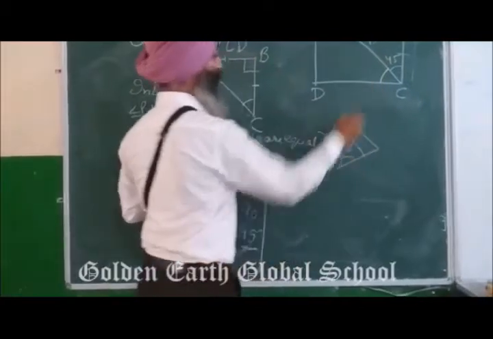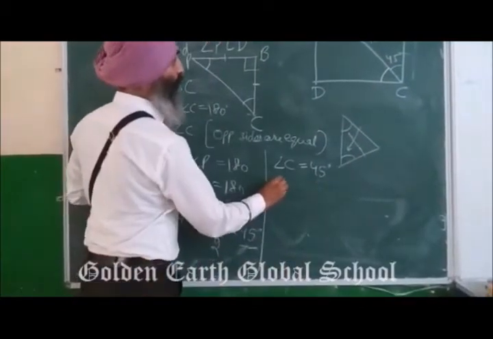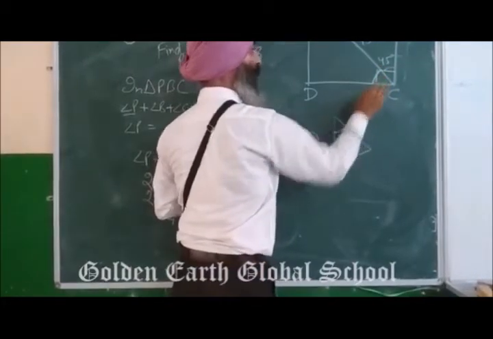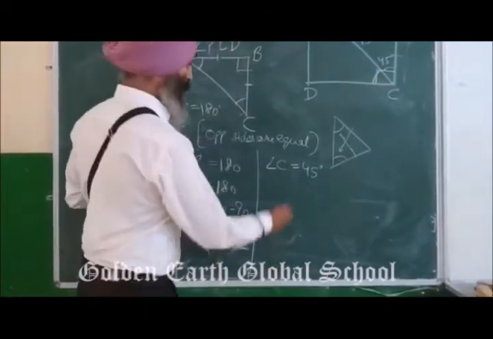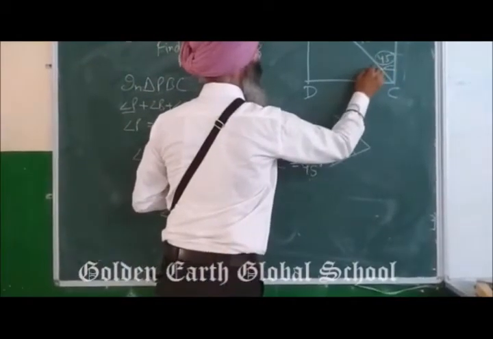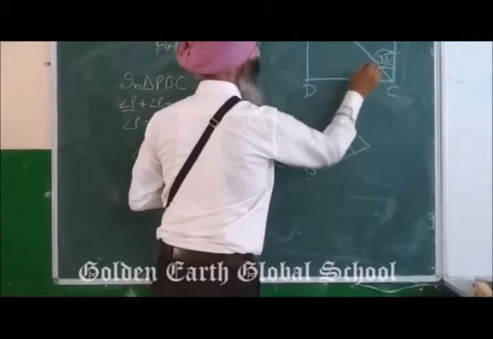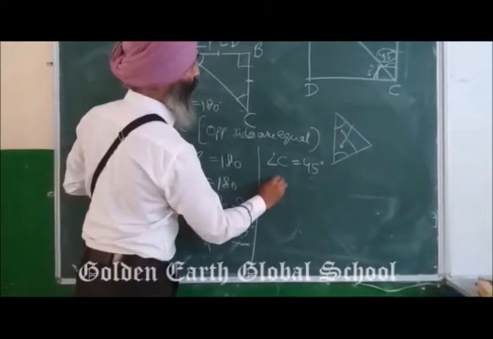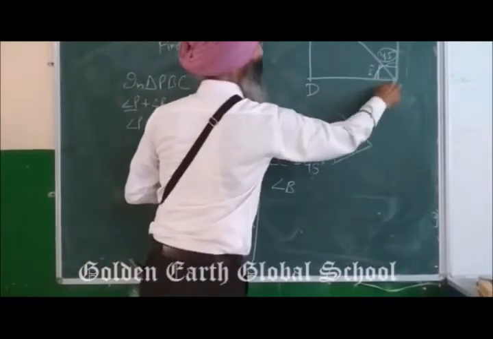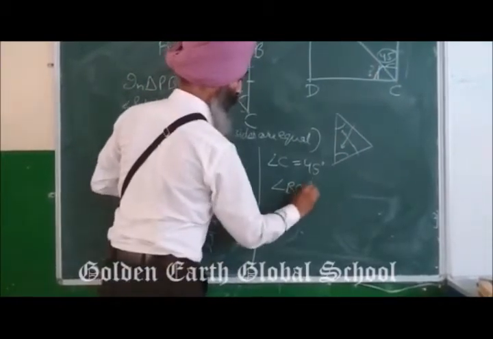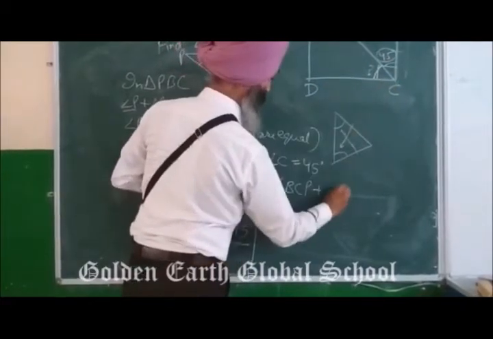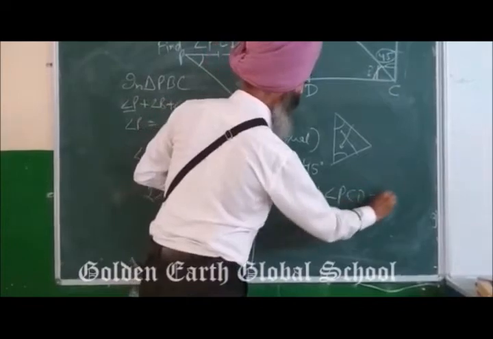But we have to find angle PCD. So look at this figure. This is a rectangle, so this complete angle is 90 degrees. So you can say that this angle plus this angle is equal to 90 degrees, because it is a rectangle. You can write by naming the angle, BCD plus angle PCD is equal to 90 degrees.